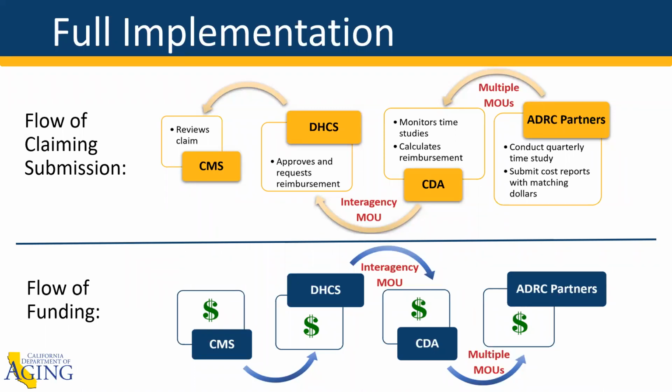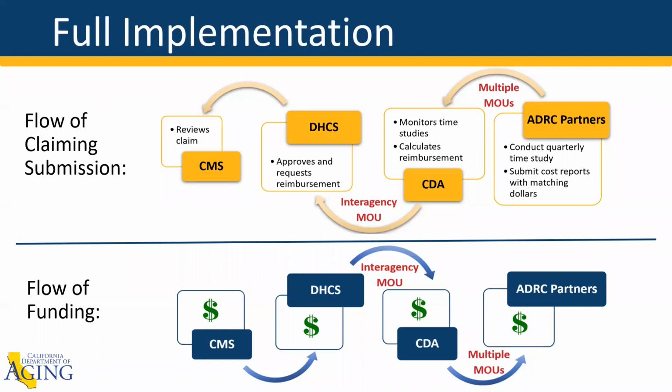So that's a very high-level overview of both the flow of the claiming submission process as well as the flow of funding. I do want to note that there has to be an interagency agreement between DHCS and CDA, as well as memorandums of understanding between CDA and each of the ADRC partnerships.